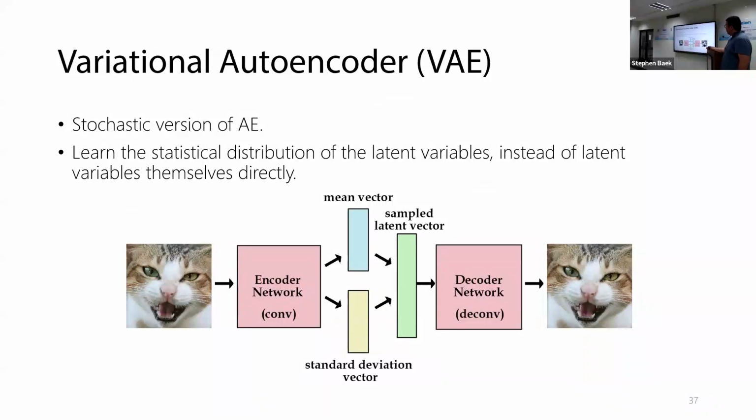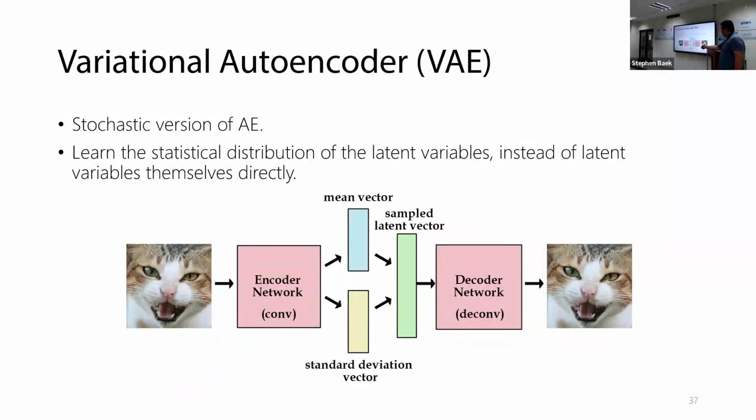So the variational autoencoder first encodes the original image using a convolutional neural network. But this convolutional neural network, instead of encoding the numbers directly, will actually produce two outputs. One output is called a mean vector. The other output is called a standard deviation vector.